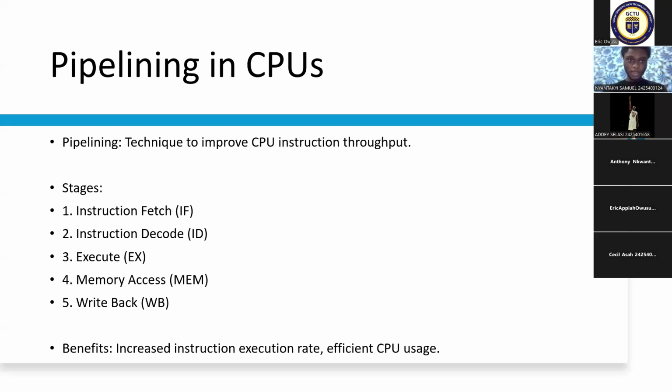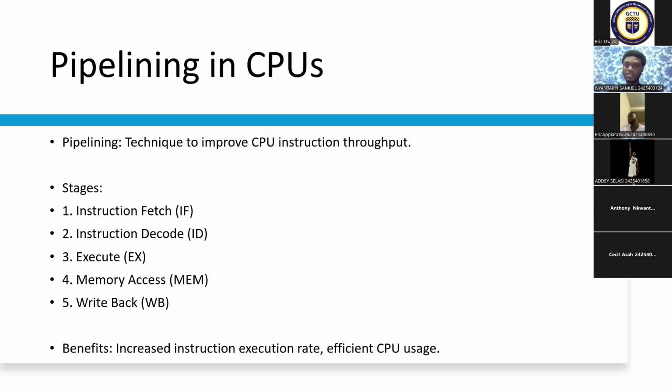So we get the instruction from the memory, and then in the next stage, we understand the instruction, what it means. Then we execute: we perform the operation you want your CPU to do, like add and subtract.